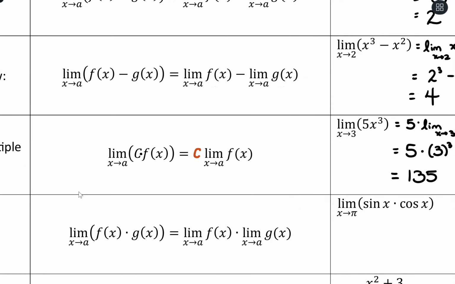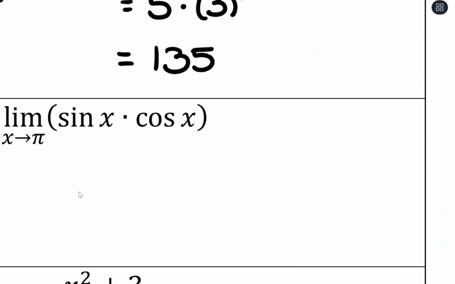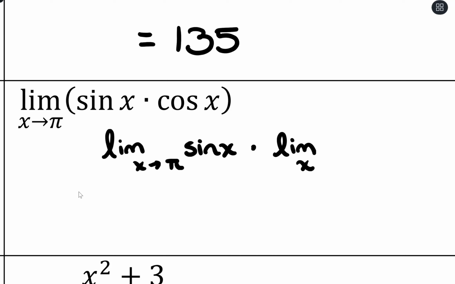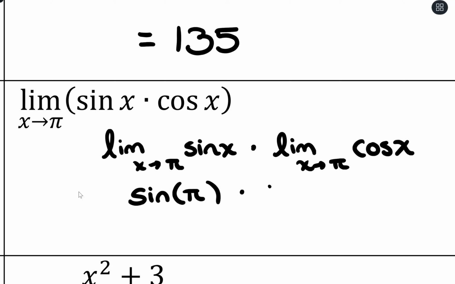Multiplying 2 functions, we can separate the limits there. So with this, we could evaluate the limit as x approaches pi of sine of x separately from the limit as x approaches pi of cosine of x. Now those two functions are defined everywhere, we can plug in, our limit's going to exist everywhere, so really this is taking sine of pi times cosine of pi.